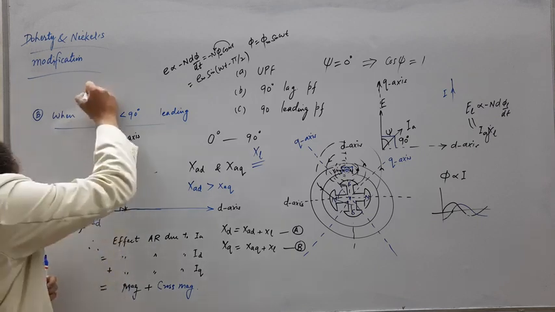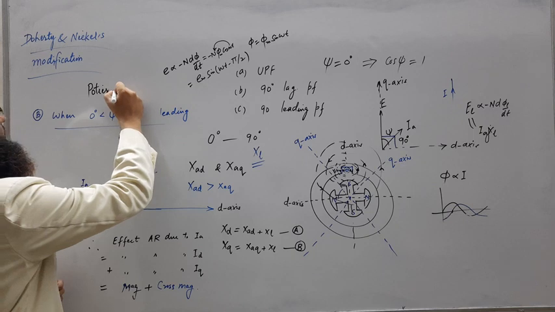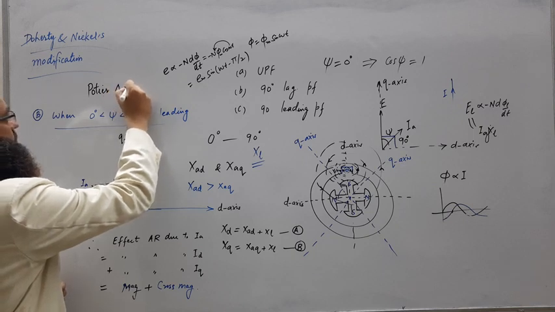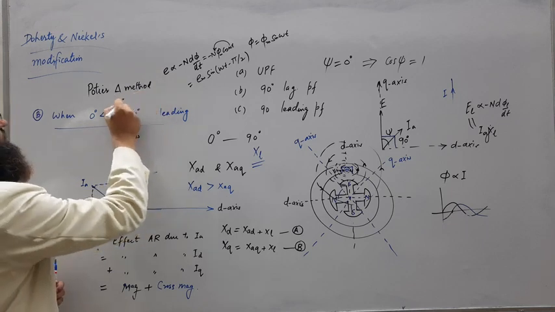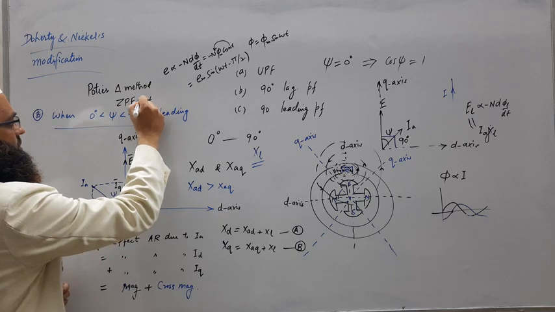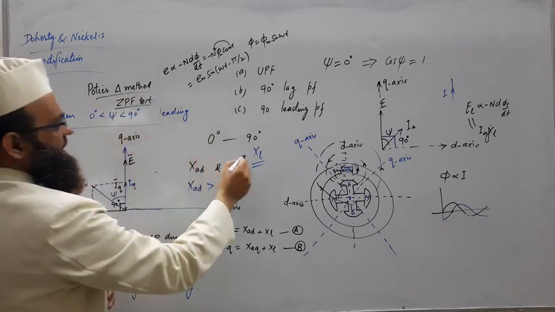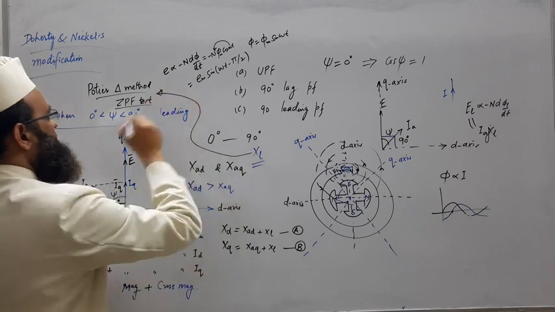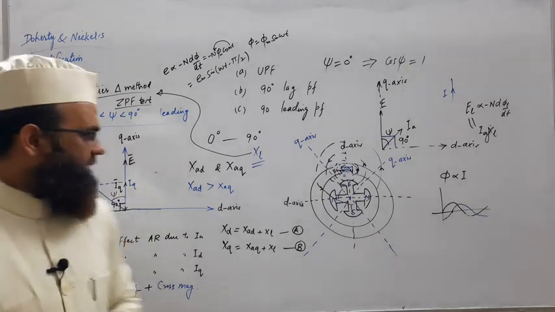We will study in upcoming lectures. By performing the zero power factor test, this XL may be obtained by means of the Potier triangle method.